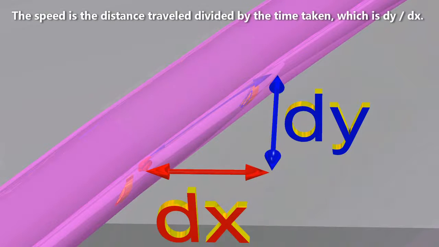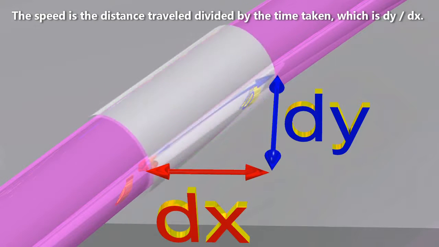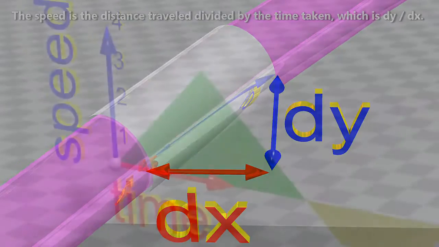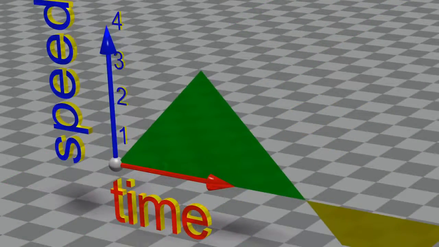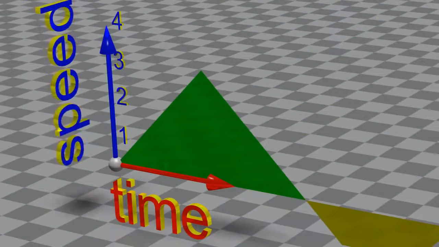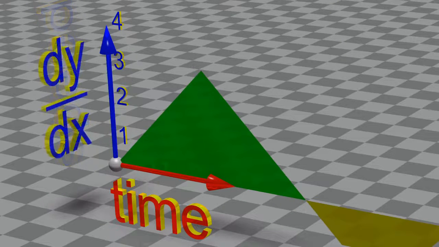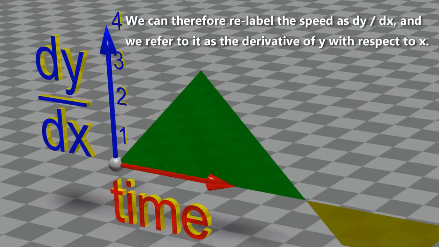The speed is the distance traveled divided by the time taken, which is dy divided by dx. We can therefore relabel the speed as dy divided by dx, and we refer to it as the derivative of y with respect to x.